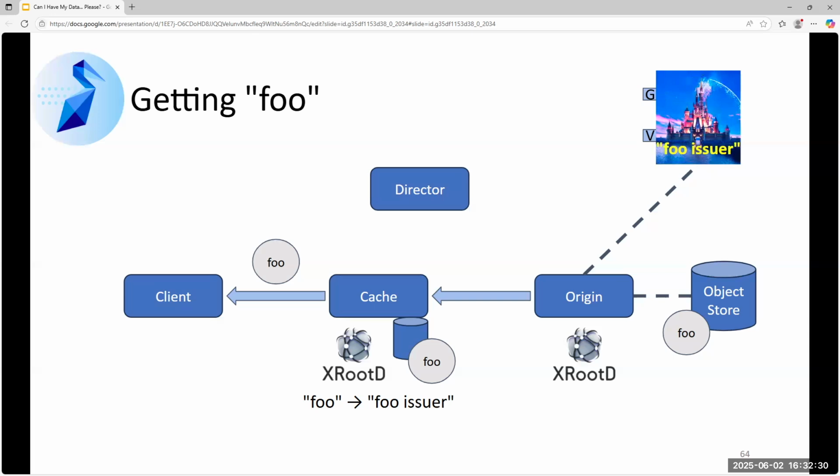So the question is, does the origin or the cache know who is who, who carries the identifier? It's now a trust question. A trust question is, do you trust the origin to prevent unauthorized access to your data? Because the origin may have access to all the data.